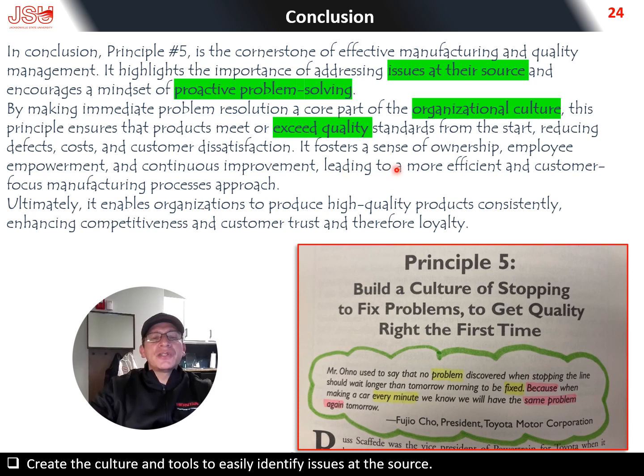It fosters a sense of ownership, employee empowerment, and continuous improvement, leading to a more efficient and customer-focused manufacturing approach. Ultimately, it enables organizations to produce high-quality products consistently, enhancing competitiveness and customer trust and therefore loyalty.